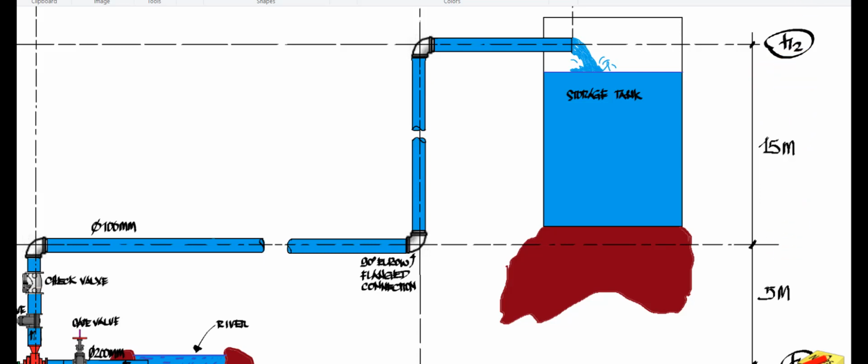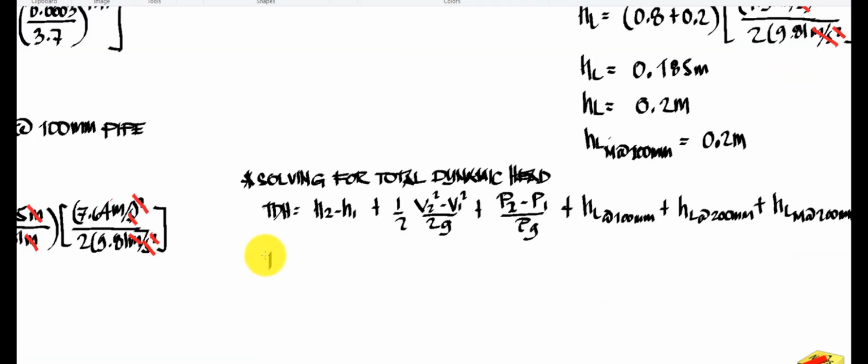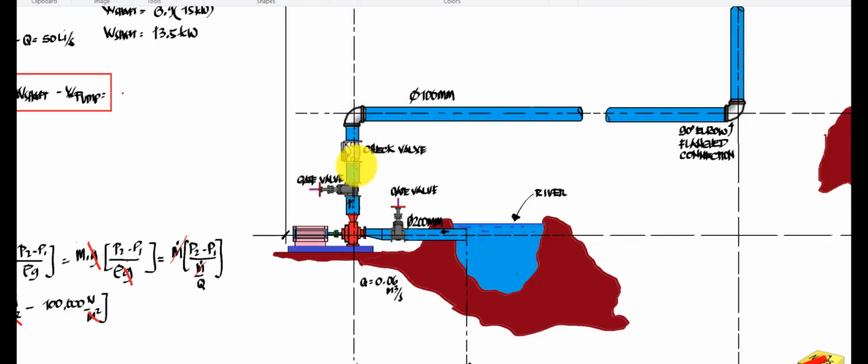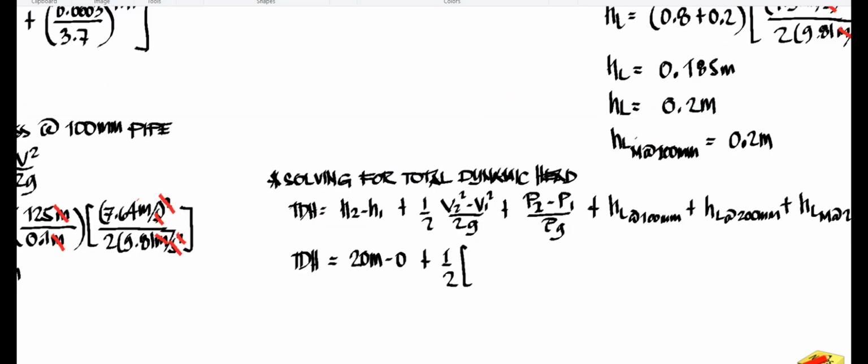So substitute natin yung value dito sa total dynamic head. So we have H2, which is 20 meters minus 0. Then we're going to add 1/2 times the velocity at 2. So velocity at 2, so that the velocity at the discharge line. So velocity at the 100 mm pipe. For the velocity of 100, we have 7.64 meter per second.